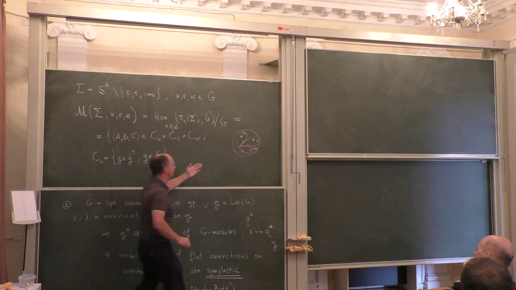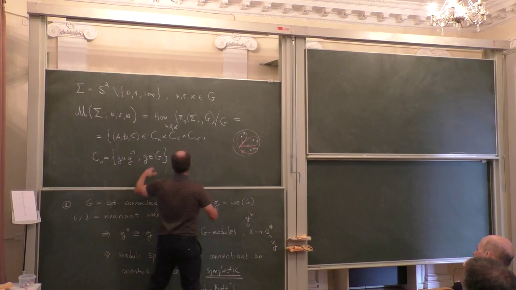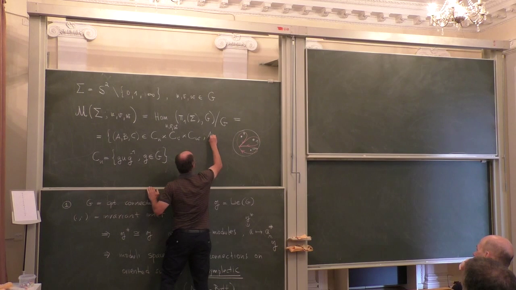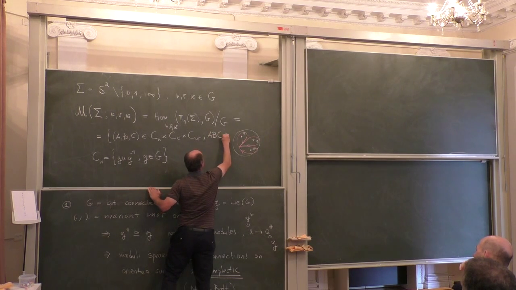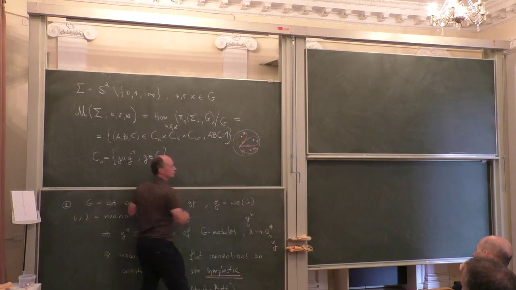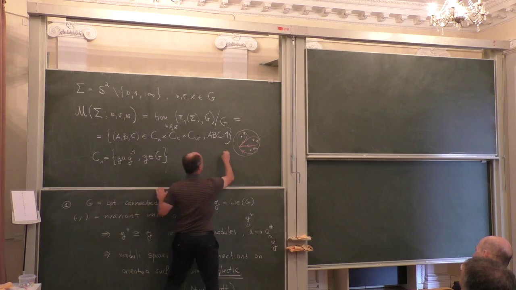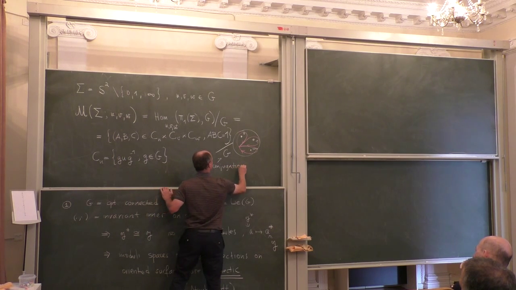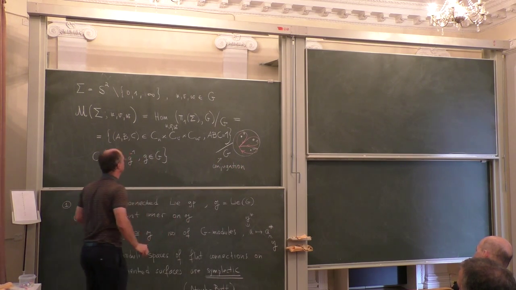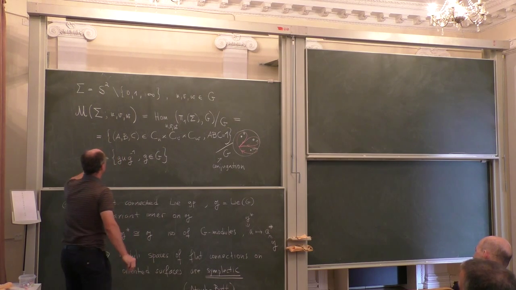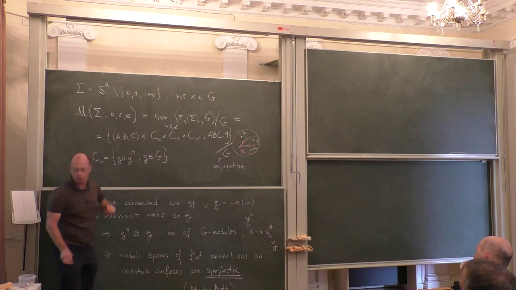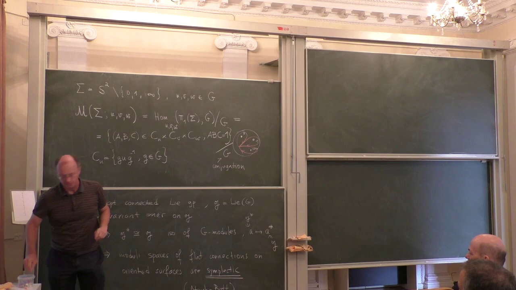And there is, of course, a relation on these 3 generators as we chose them, and so we want the product of them to be equal to 1. And we divide by the simultaneous conjugation by group G. Right, so this is one of the spaces that we'll be interested in.